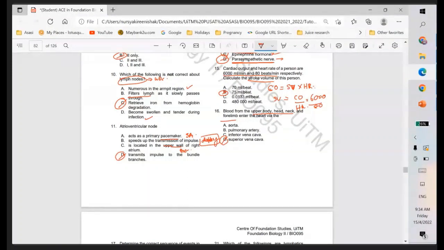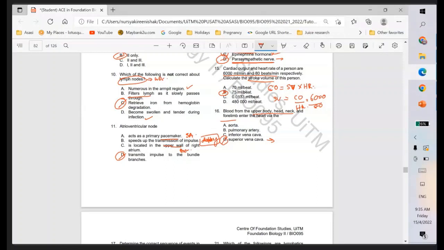So oxygen poor blood coming from the systemic circuit has two parts, from the upper part of the body and the lower part of the body. So the upper part of the body, which is the head, neck, and also the forelimb, the hands, all the deoxygenated blood from that area will enter back into the heart through the superior vena cava, and enters which chamber of the heart?